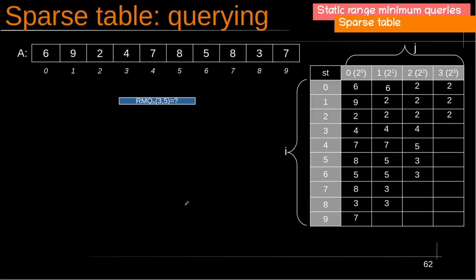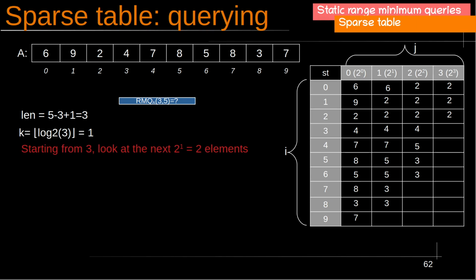Let's take an example here. If I want to query on A from range 3 to 5, compute the length of that range: 5 minus 3 plus 1 is equal to 3. Compute k. k is log base 2 of 3, the floor of log base 2 of 3, which is equal to 1.